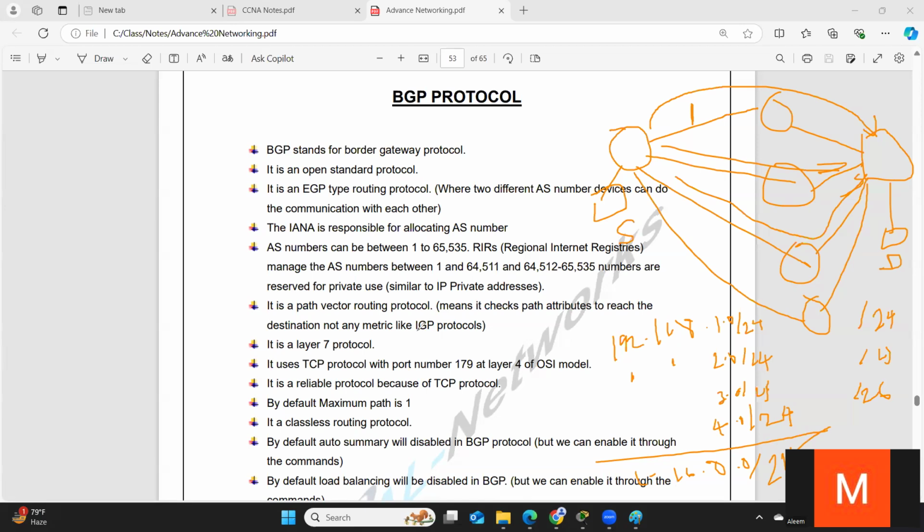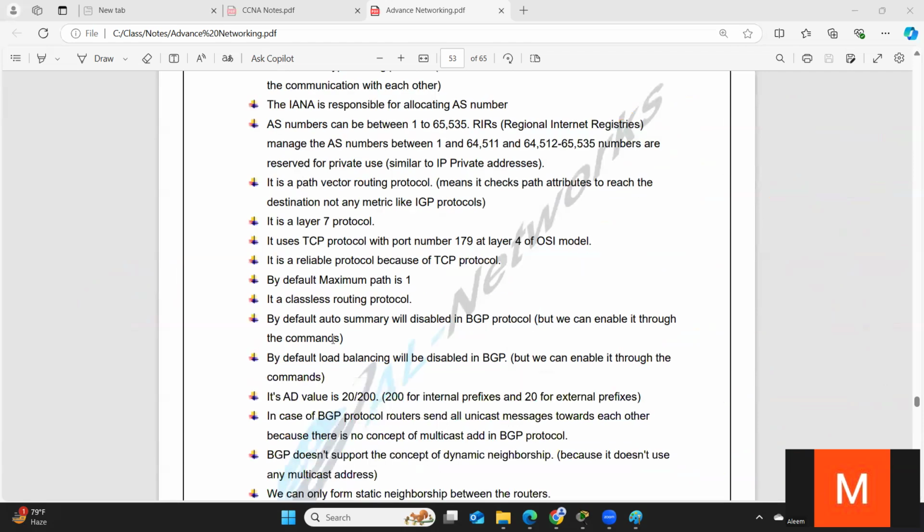If we have thousands of prefixes, the routing table also becomes big. If you want to filter the routing table, then we basically use summarization. So it is disabled by default in BGP. If you want, we can enable it. Also by default, load balancing is disabled.